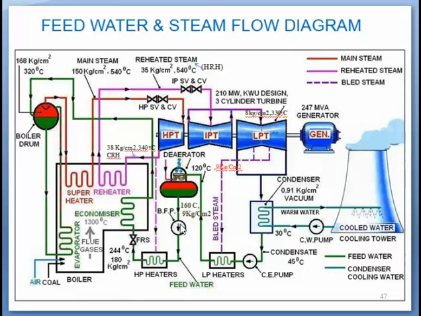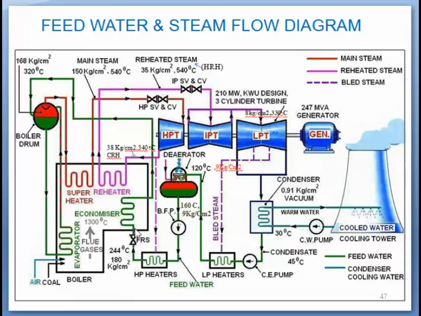When it is pumped by the boiler feed pump, its pressure increases, and this 160 degree centigrade feed water goes through the HP heater where it takes sensible heat and its temperature becomes roughly 240-245 degrees centigrade. In this pumping process its pressure also increases from 9 kg per centimeter square to 180 kg per centimeter square.